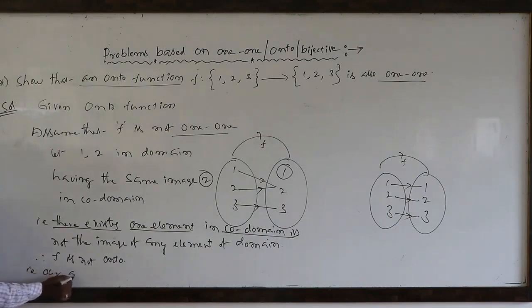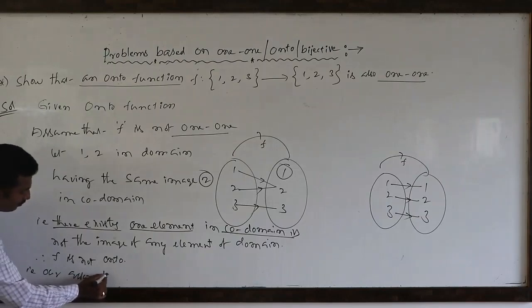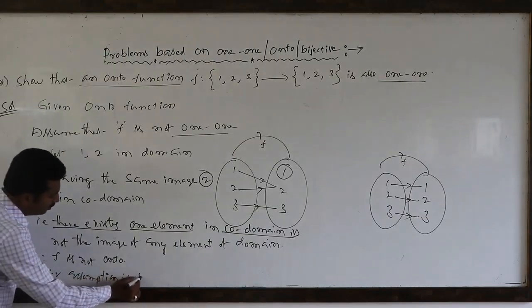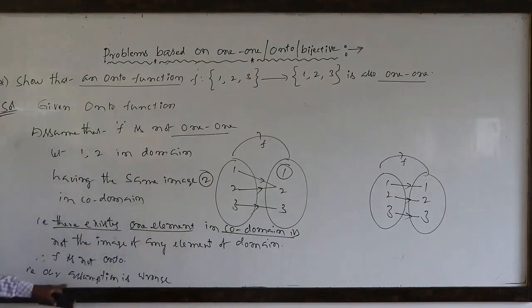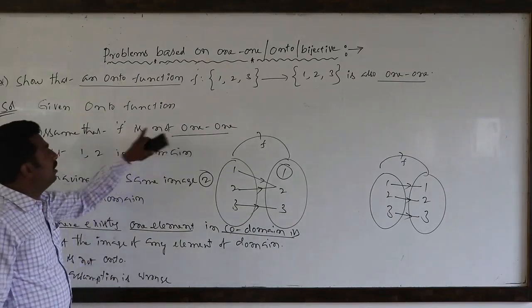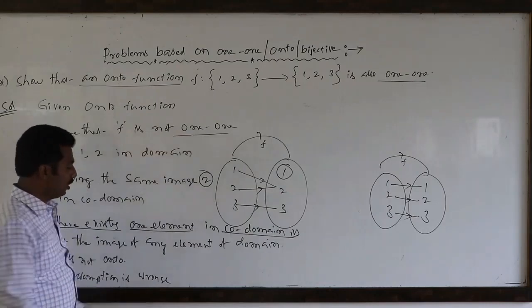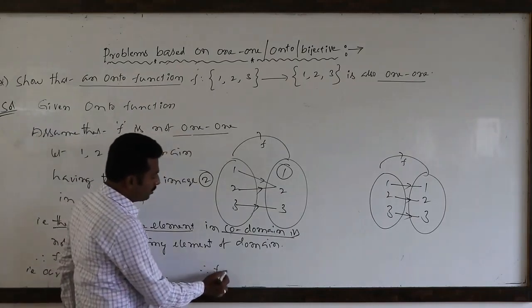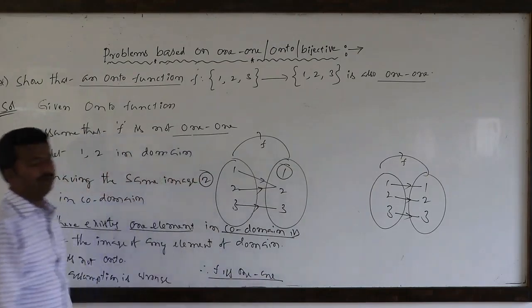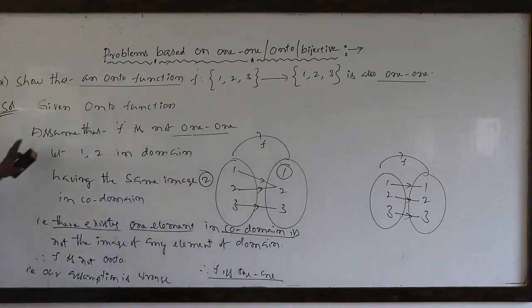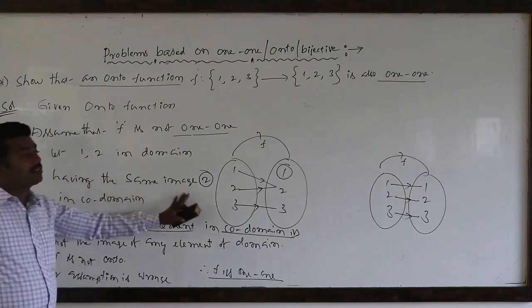That is, our assumption that F is not 1-1 is wrong, so F is 1-1. Like that we have to verify. So it is a completely theory-oriented concept only.